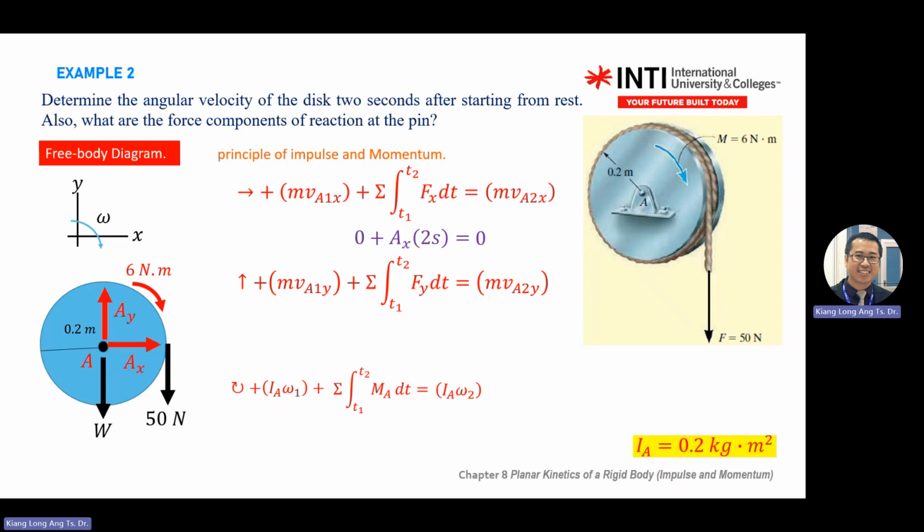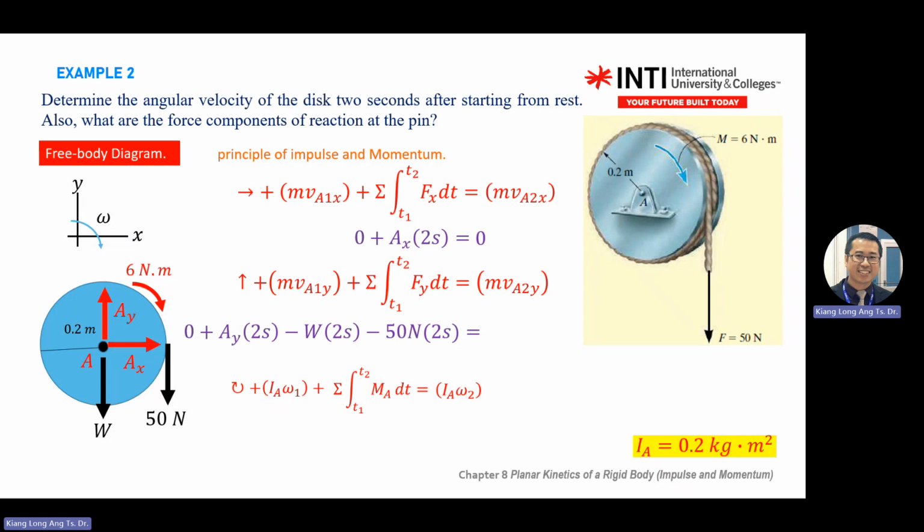Then we try the second equation. m VA1, what do you think? 0 also. Then AY in the Y direction, multiplied by 2 seconds, you get impulse. In the Y direction, W multiplied by 2 seconds also gives you impulse. 50 Newton multiplied by 2 also gives you impulse.